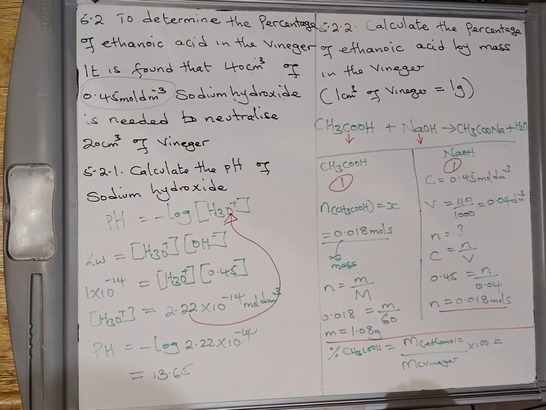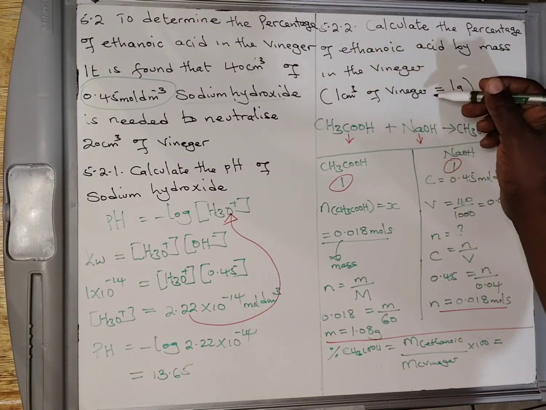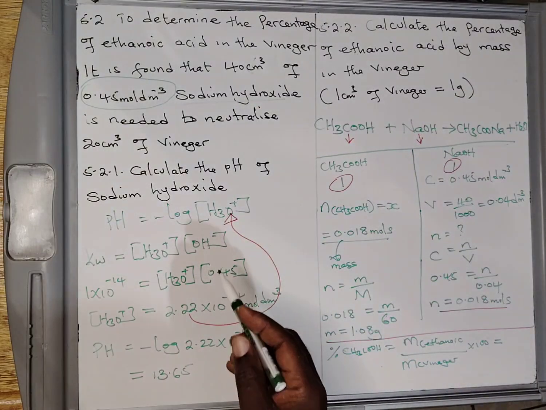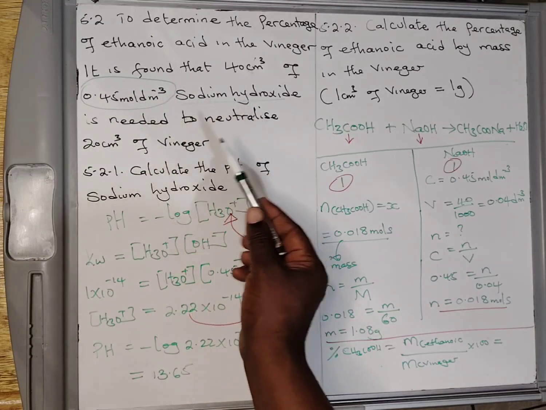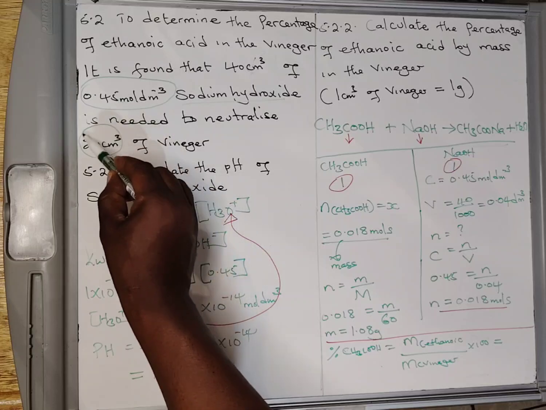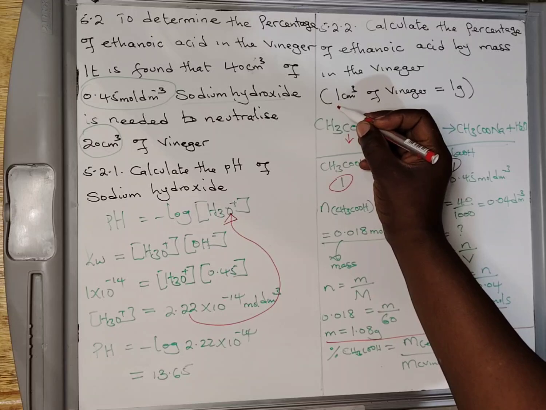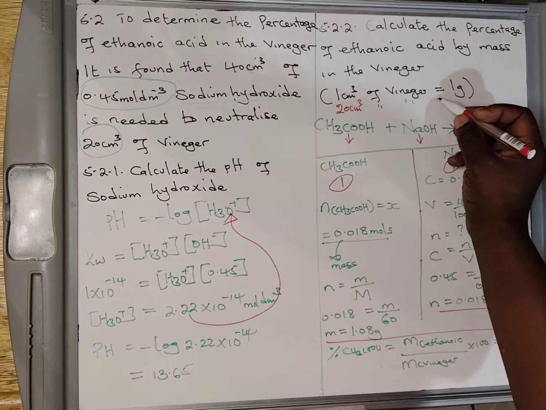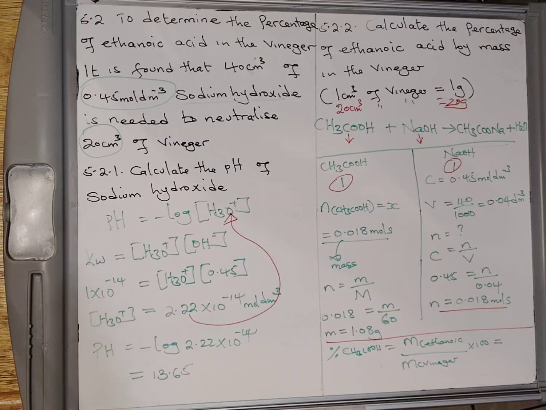You have to recall that 1 cubic decimeter of vinegar is equal to 1 gram. How much vinegar do we have? We have 20 cubic decimeter. Under the circumstance, 20 cubic decimeter of vinegar will give you 20 grams. So we know the mass of vinegar.